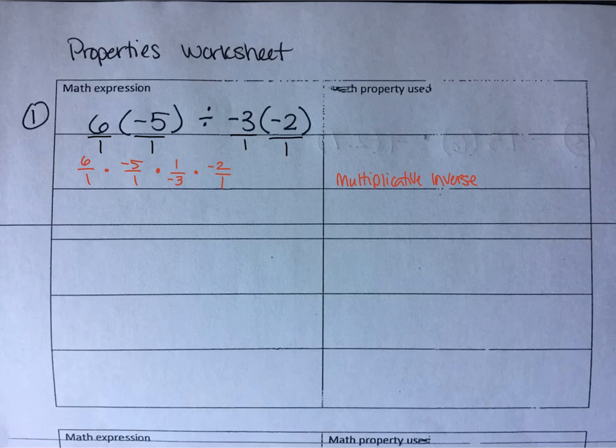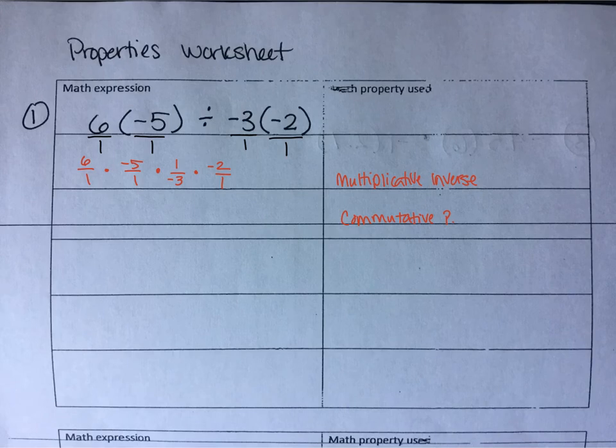Okay? Next thing we're going to do is our commutative property. And then I'm going to probably group my negatives or rearrange. I want to be able to group my negatives and then my positives, or maybe the 6 and the 3 and the 5 and the 2.